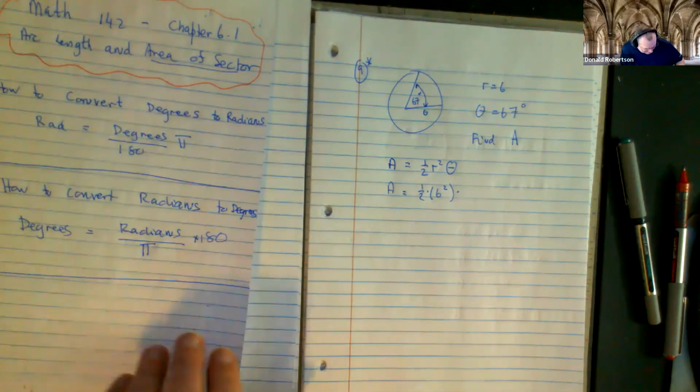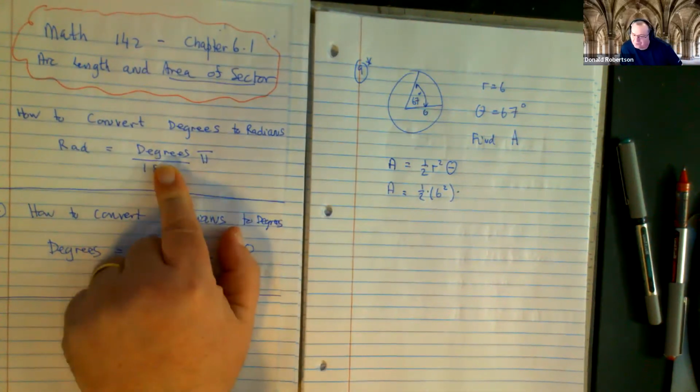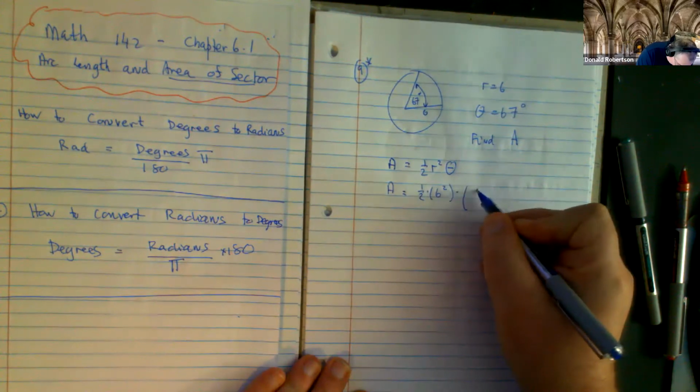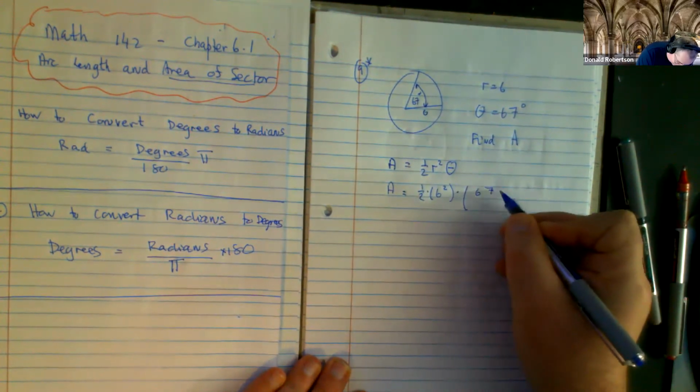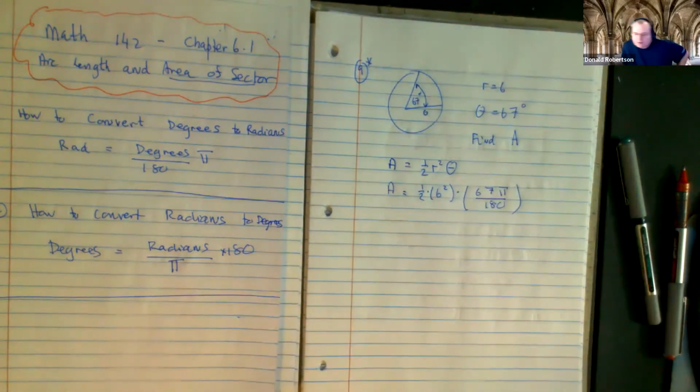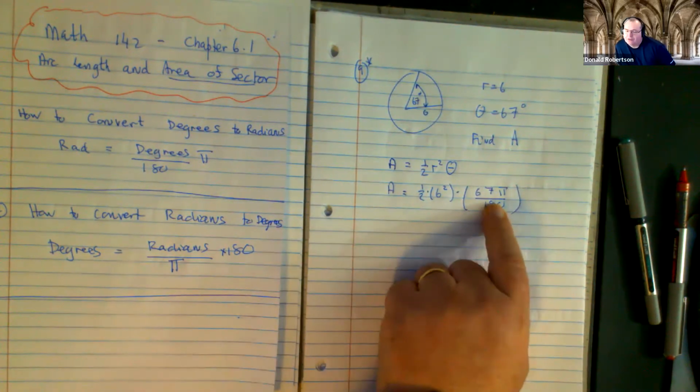Aren't we going to have to convert it to radians? Okay. Now, I'm going to try some and see if it works. 67 pi over 180. Haven't I just written down what the calculation would be to turn that into radians?